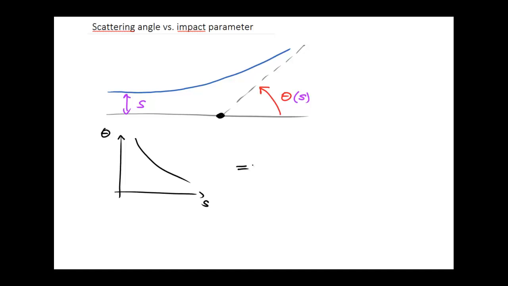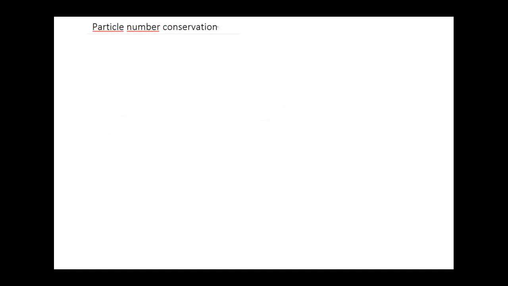And that we should be able to invert, and find a function s of theta. Another aspect that I would like to mention for these scattering experiments is that the particle number must be conserved. The total number of particles coming in must equal the total number of particles going out.